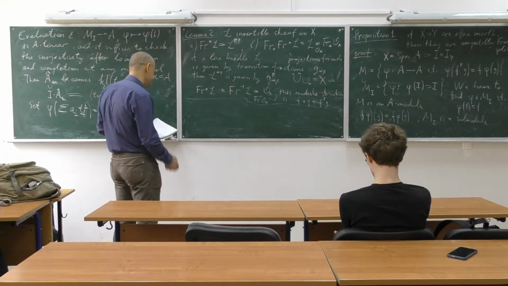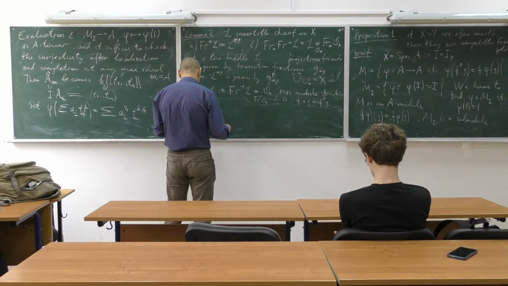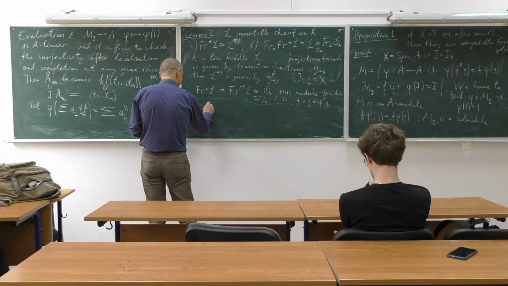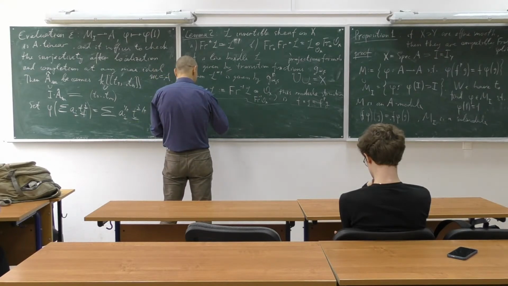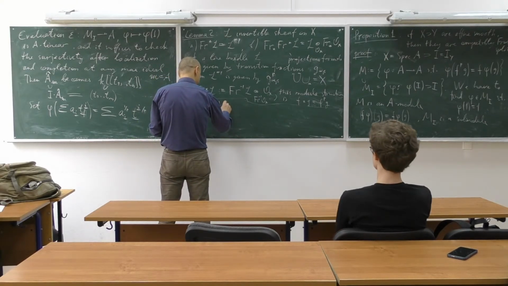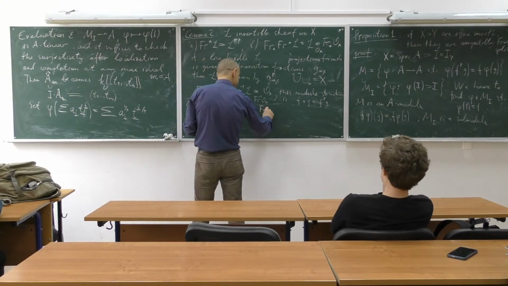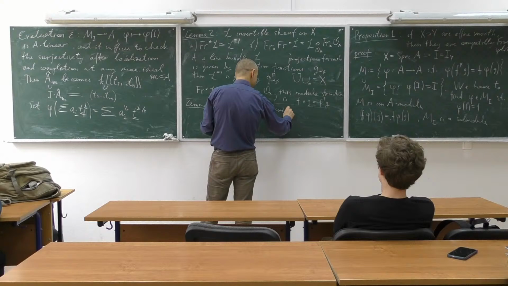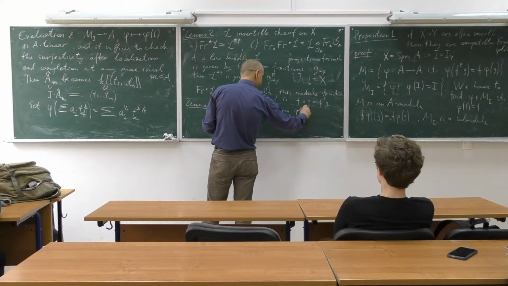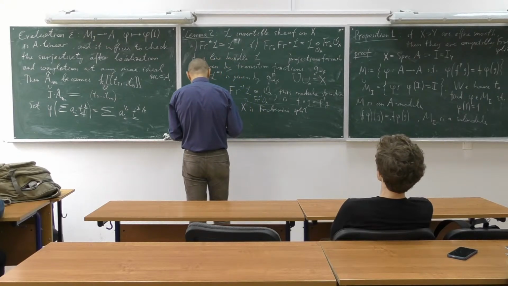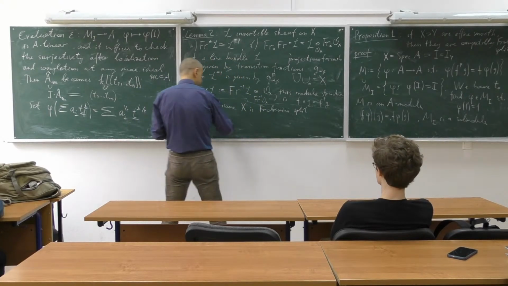So that's the idea, and let me formulate it and prove it formally. So assume X is Frobenius split, and L a line bundle.